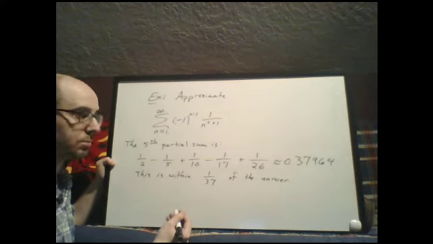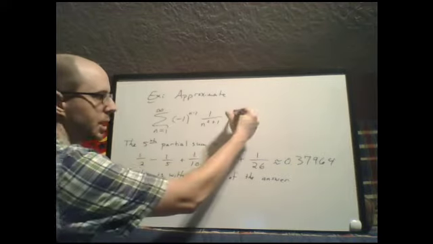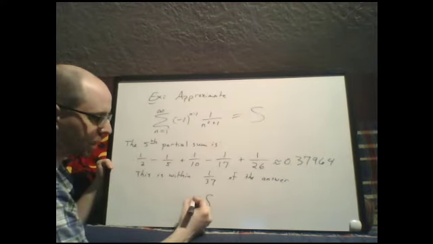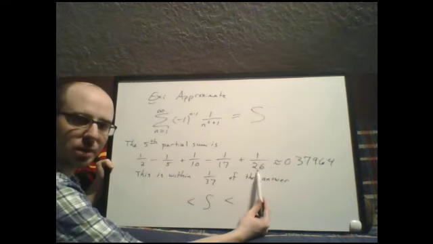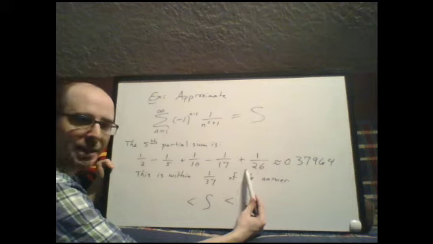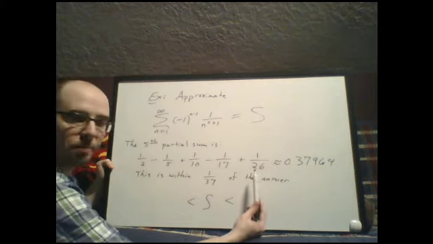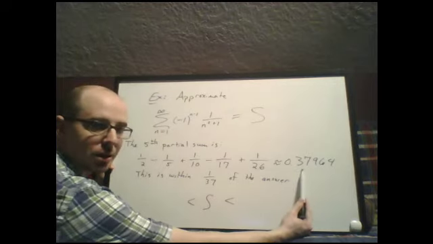And we can say more than that. So say this is S. S is between, well, since the last one we stopped at, we added that. The next one would be less than that. So the most this could be would be this answer.